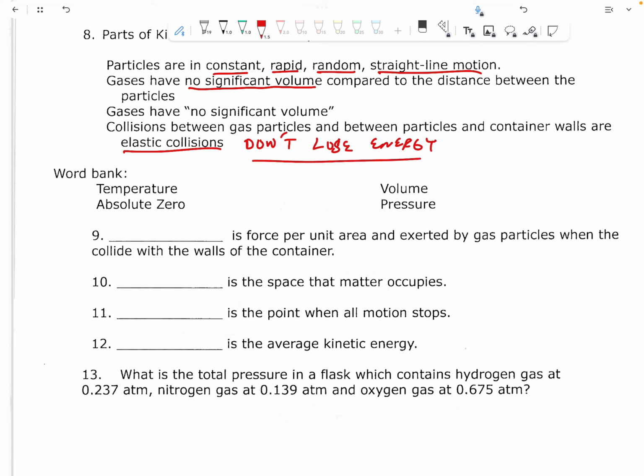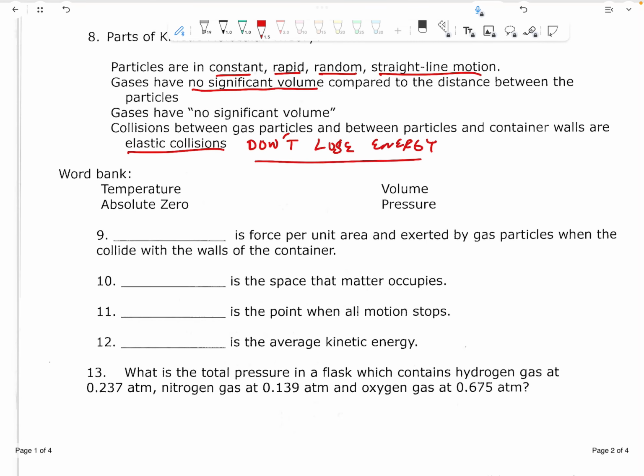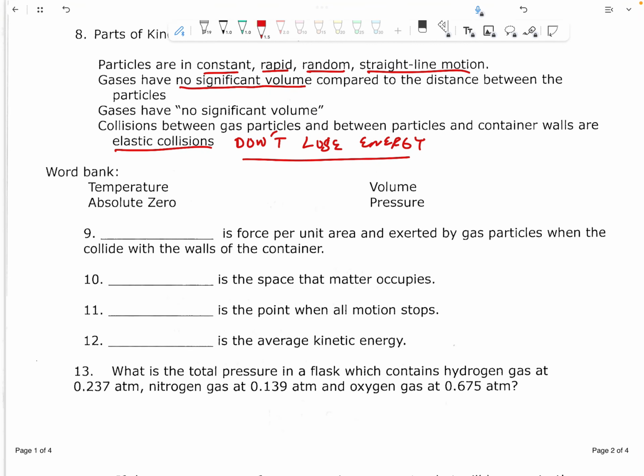All right, so now we have these words to deal with. We have temperature, absolute zero, volume, and pressure. The force per unit area. Force per unit area is the force exerted by gas particles when they collide with the walls of the container. That is pressure. All right? That's pressure. The greater the number of collisions, the greater the pressure. All right, number 10. The space that matter occupies, well, that's volume.